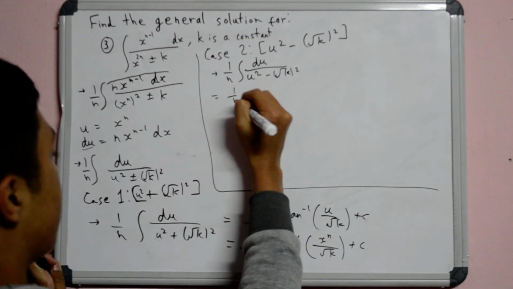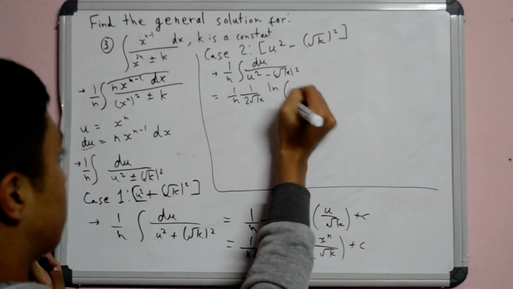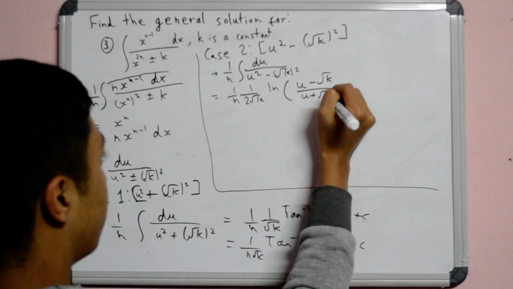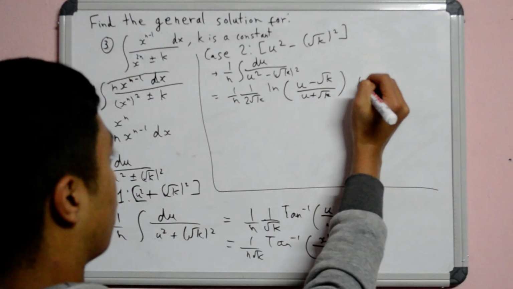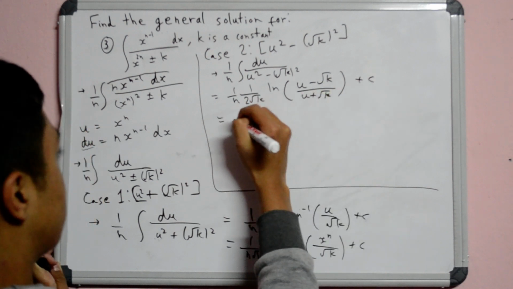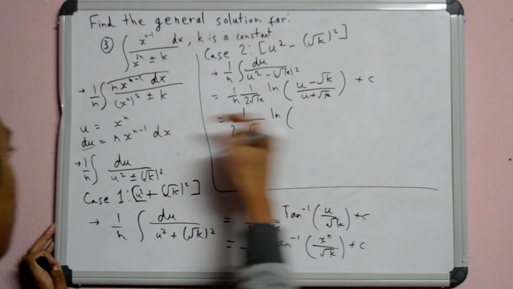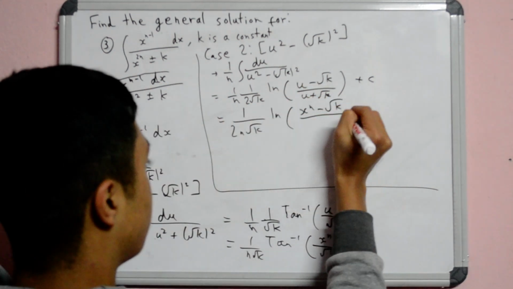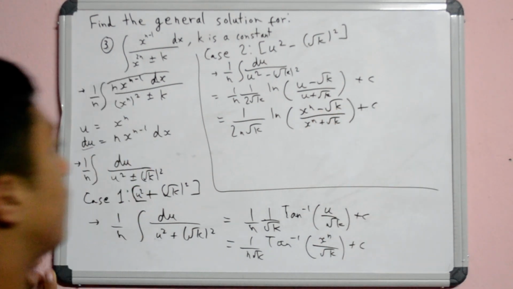So this is 1 by n into 1 by 2 root k log natural of u minus root k by u plus root k, plus c, and this is just 1 by 2n root k log natural of u, which is x to the power n minus root k, by x to the power n plus root k, plus c.